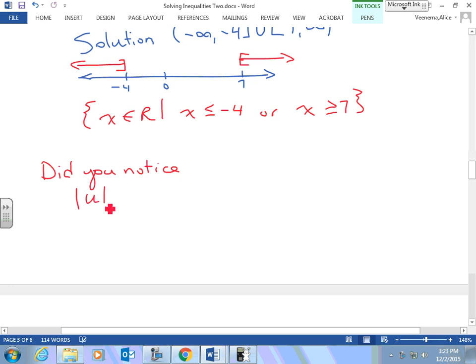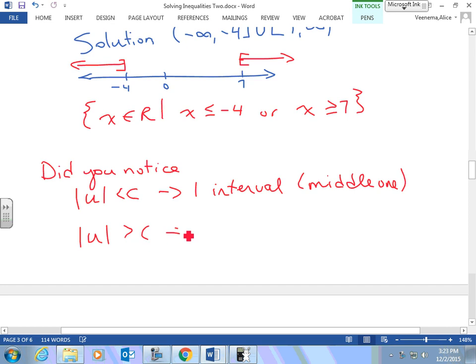The absolute value of u is less than c leads to one interval. And the absolute value of u is greater than c gives us two intervals.